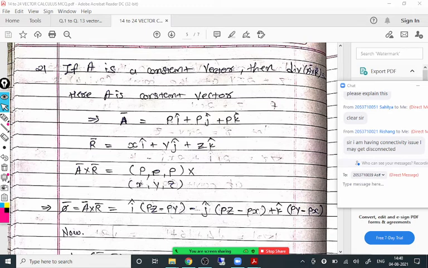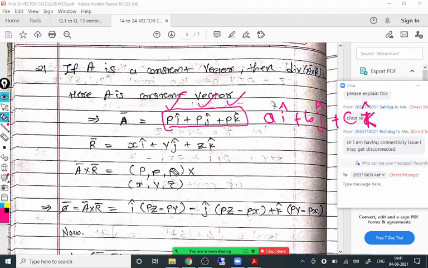Neil, remember, not necessarily all the components are the same. Whenever you have a constant vector, you should not take it like this. Take the constant vector as a i cap plus b j cap plus c k cap. So it can be a, b, c, or it can be p1, p2, p3 also.